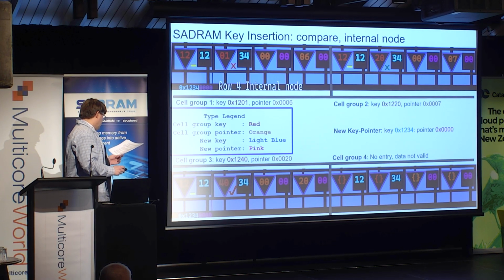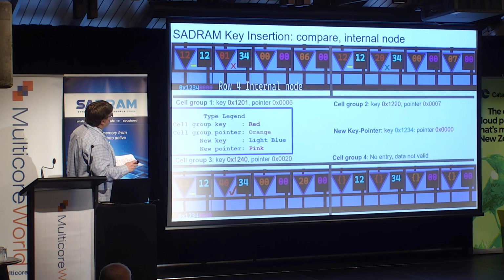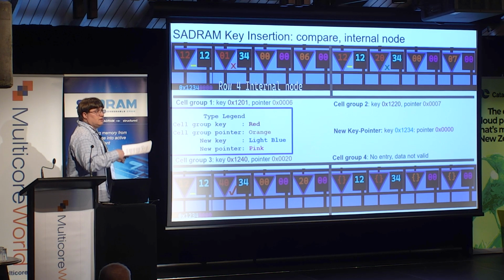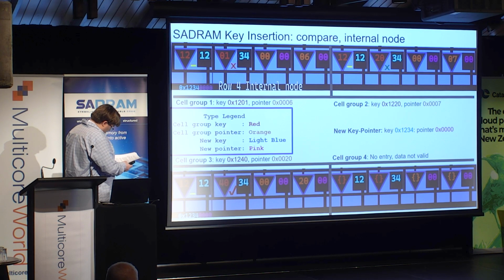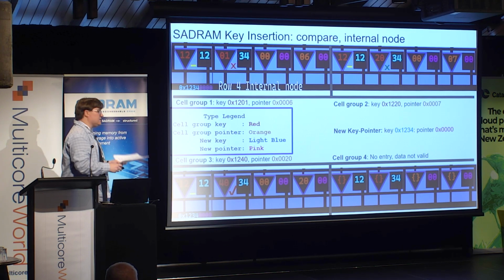The new key is distributed to each one of these black boxes, which represent it being compared to the data that's already in the cells. We're showing 16 bits for key and for pointer, red and orange.